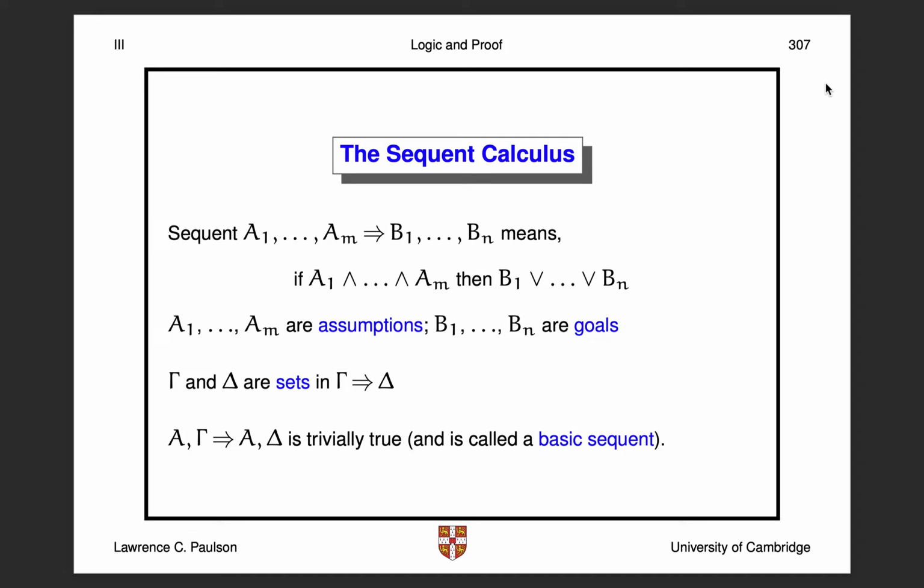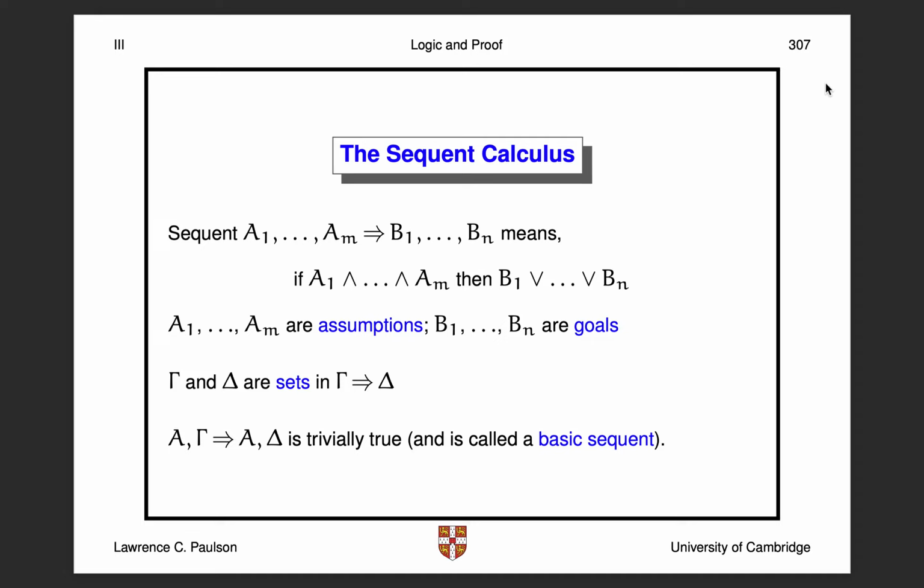Now, to save writing, because I get tired of writing all these triple dot things everywhere, I will often use Greek letters gamma and delta to represent these sets of formulas or lists of formulas. One can be kind of careless about whether they are sets or lists, but I should emphasize the order of these formulas is not significant.